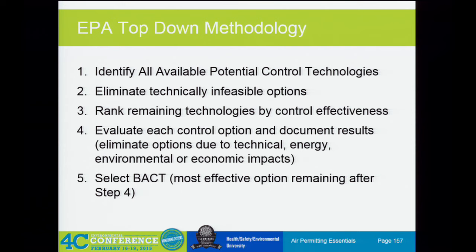They'll use the cost of running an SCR boiler versus low NOx burners, and if that's greater than $16,000 per ton of NOx removed because of the SCR technology, they'll eliminate that as one of the options.